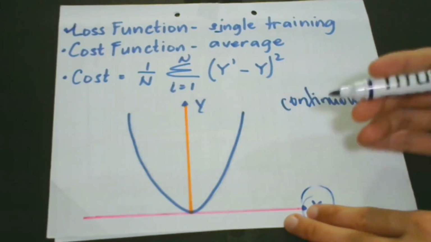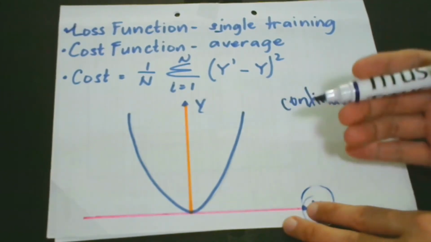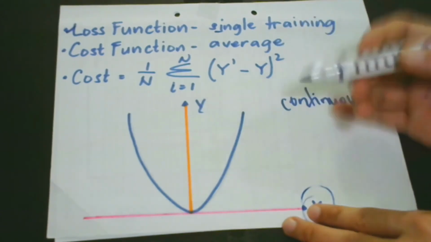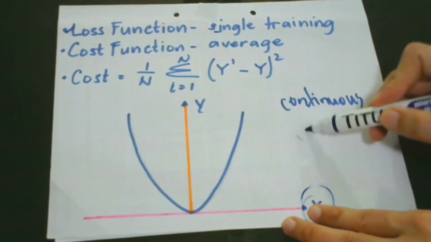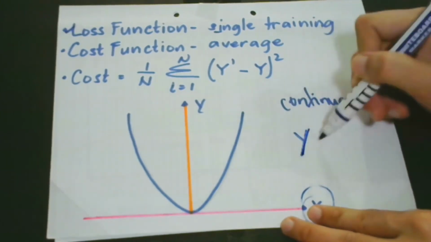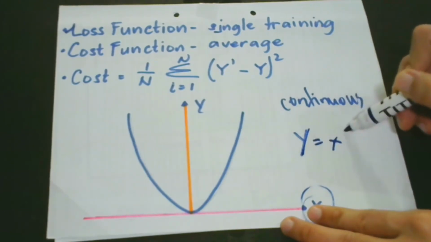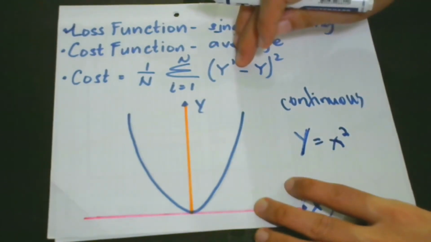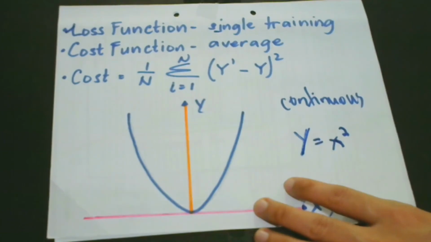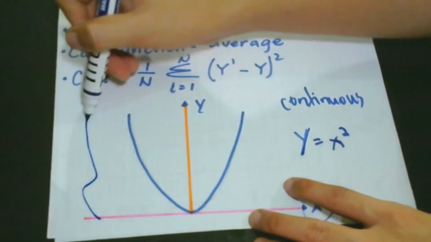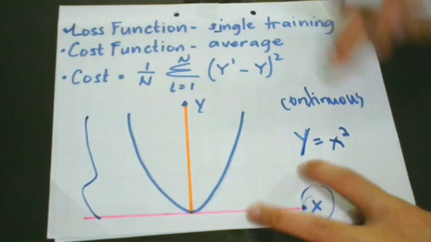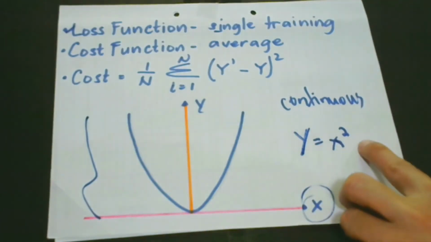The most interesting question at this point would be how do we really minimize any function? Our cost function is of the form y equals x squared. Let's consider this Cartesian coordinate which has a parabola, and this graphical representation represents y equals x squared.